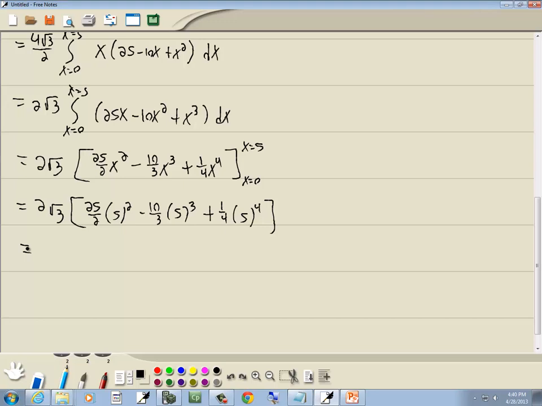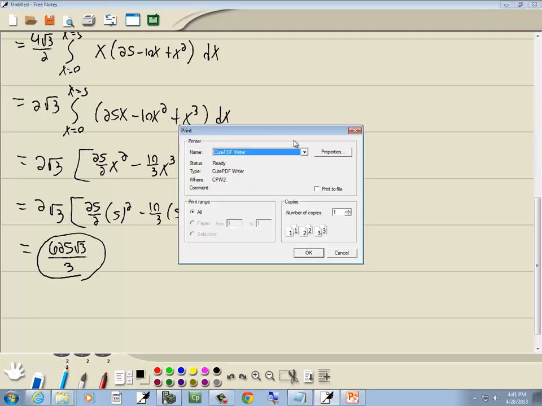Math enter. So that gives us 625 square root of 3 over 3. Assuming no basic math error. But at least you get the concept of finding the surface integral, even if I did screw up on some basic math. So let me save that.